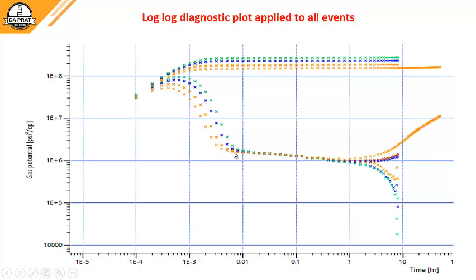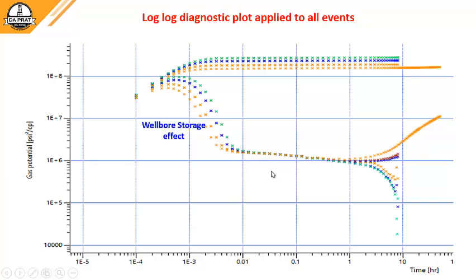Okay, first thing to do is we're going to make a log-log diagnostic plot of all the events to have a feeling of what type of reservoir it is. So this is all the events, and now let's go by flow regimes. This is wellbore storage transition.